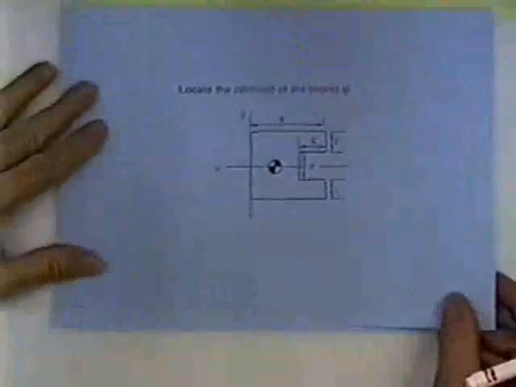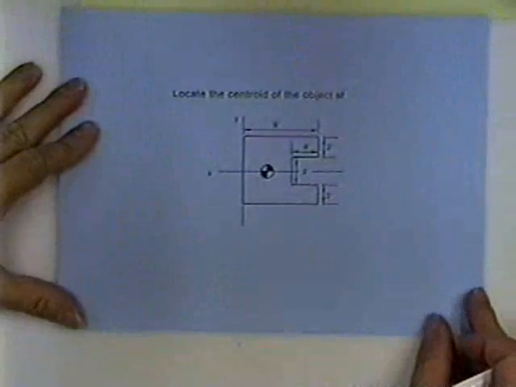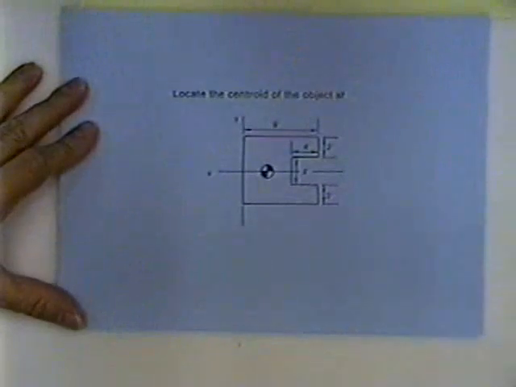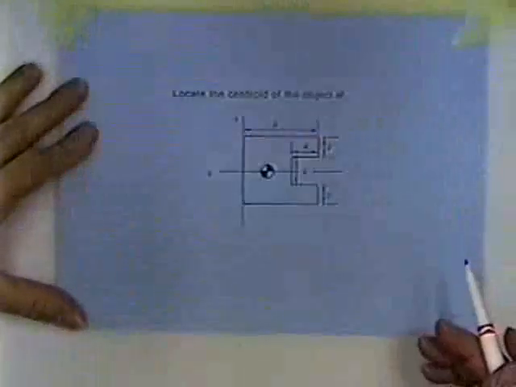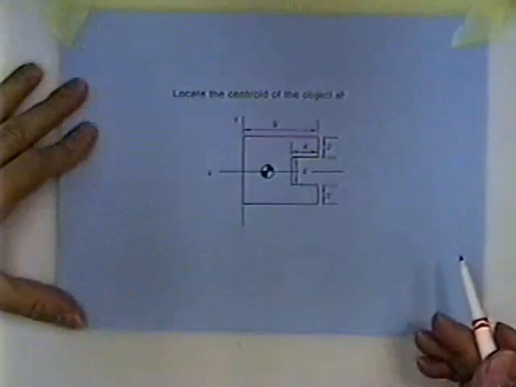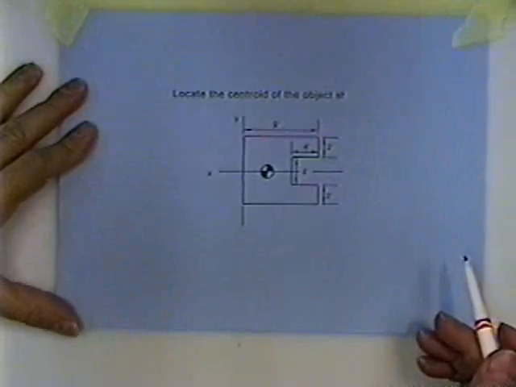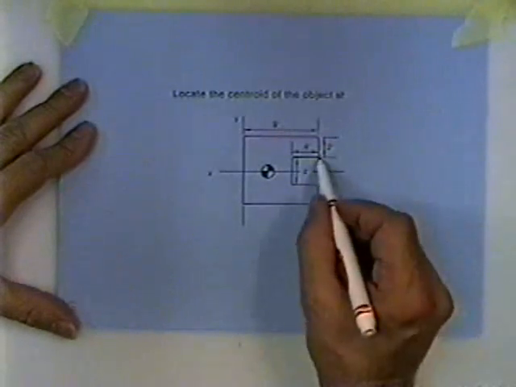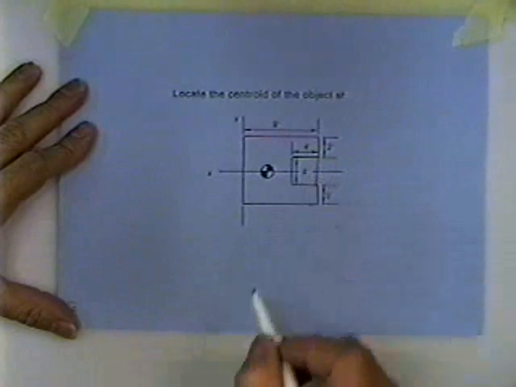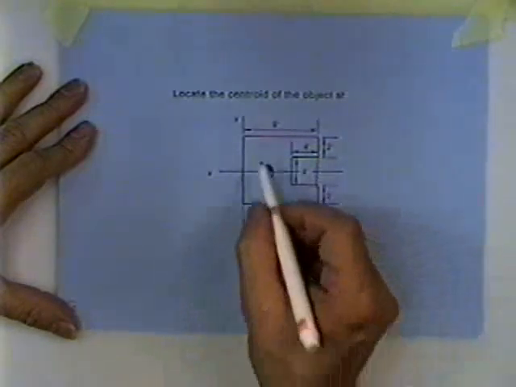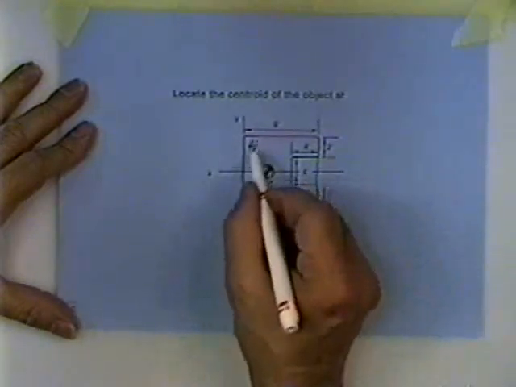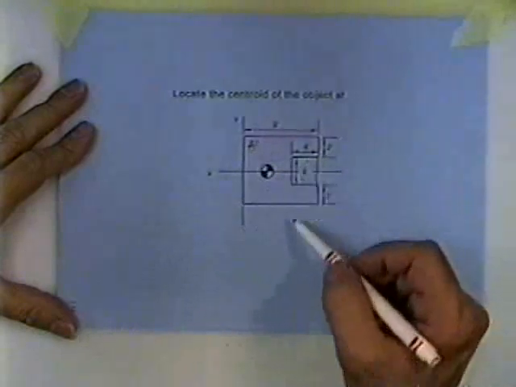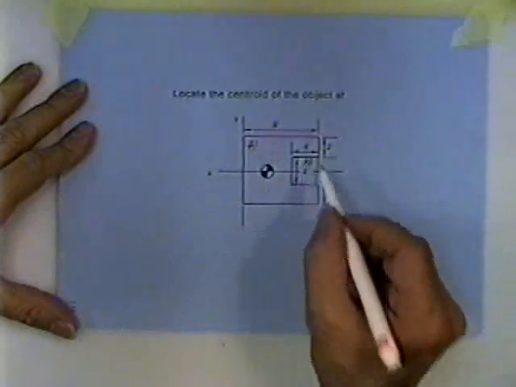Page 19. They ask us to locate the centroid of the object shown. I think it would be the quickest to break it up into a piece and a missing piece. So I'm going to tell you area 1 is the piece including everything.